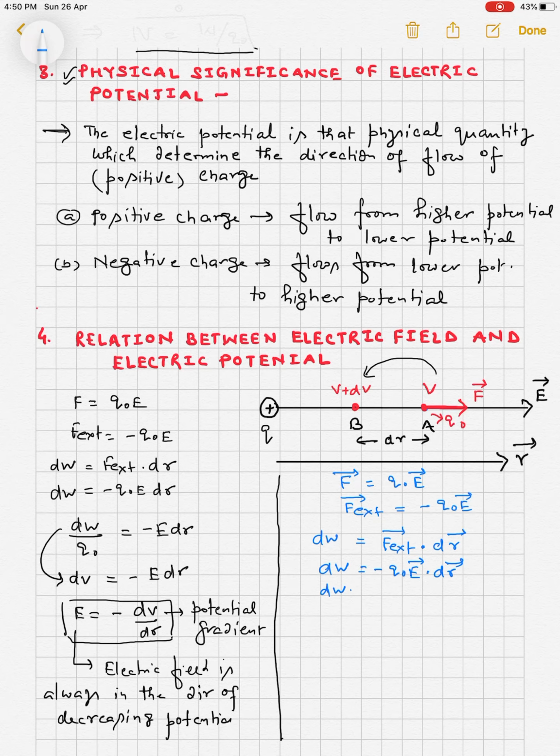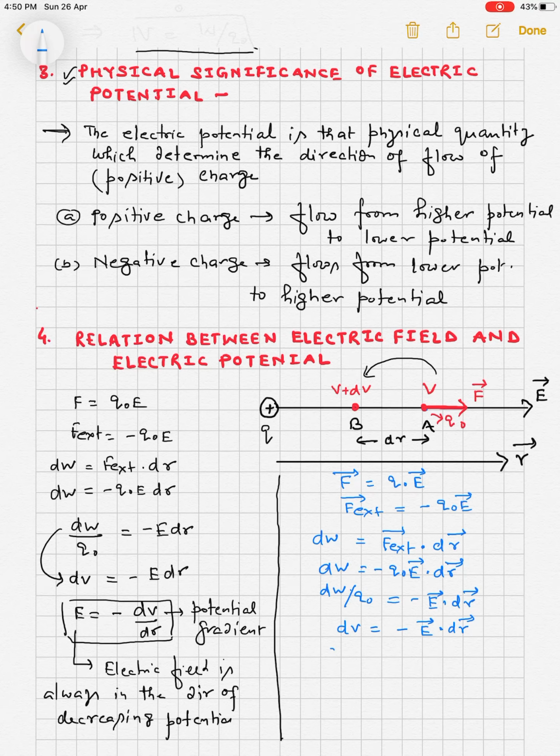Now dividing dW by Q naught, it is minus E dot dr. And dW upon Q naught is equal to dV. So dV is equal to minus E dot dr.